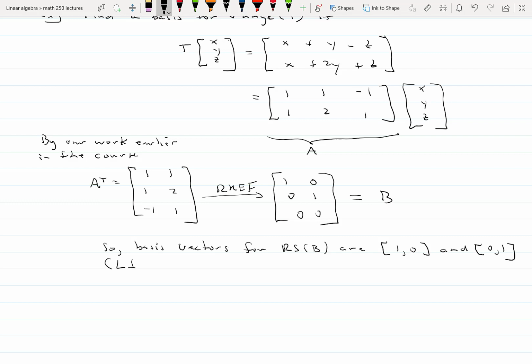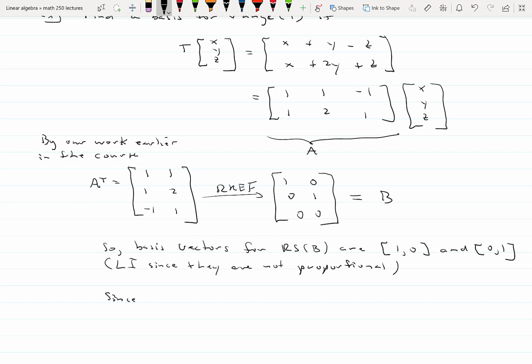Okay, and just so we don't skip anything, they're linearly independent since they are not proportional. Almost forgot to state that. Okay, so because of that, we have basis vectors for row space of B.